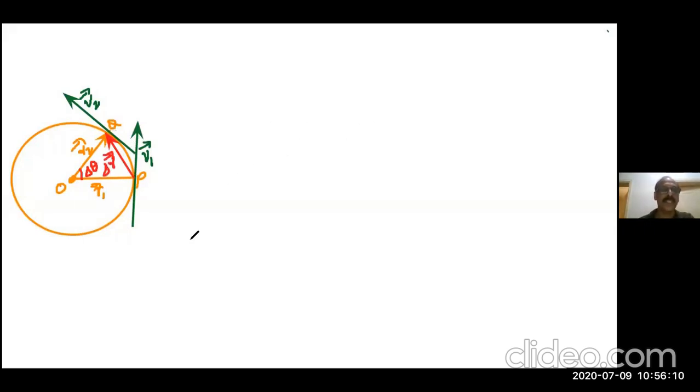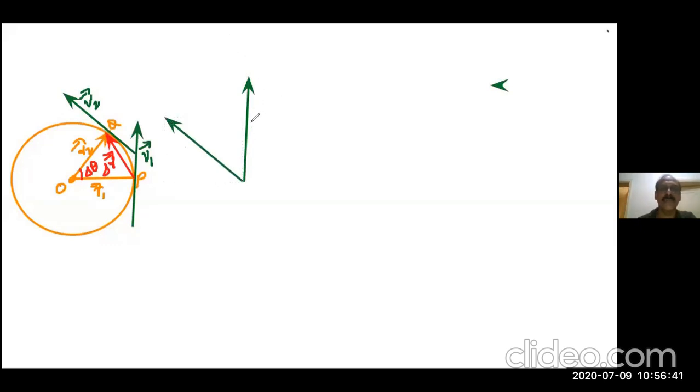Now we have to draw the triangular law of vector addition. V1, V2, and the same length we have to transfer here. Again this same length, we have to transfer to this point. This must be the same length.